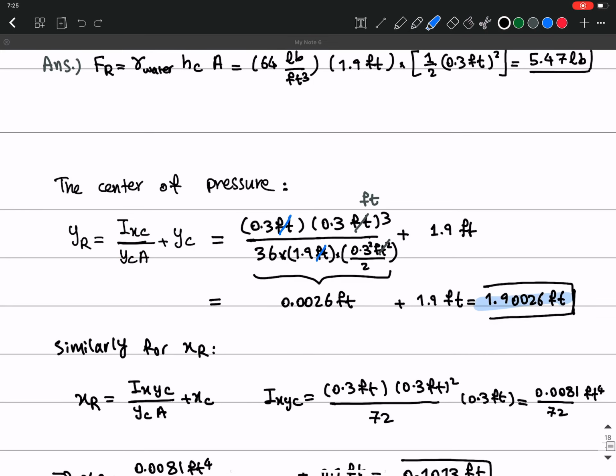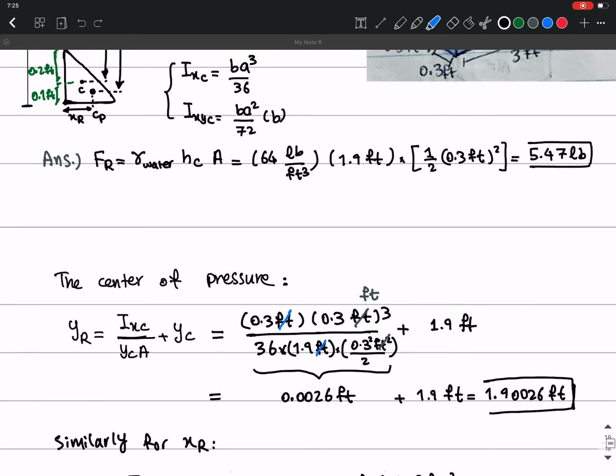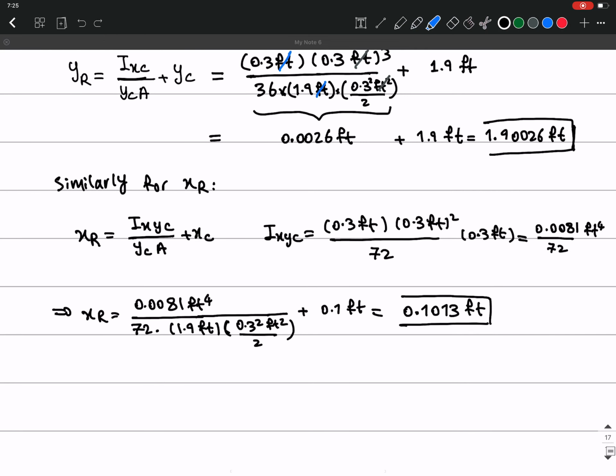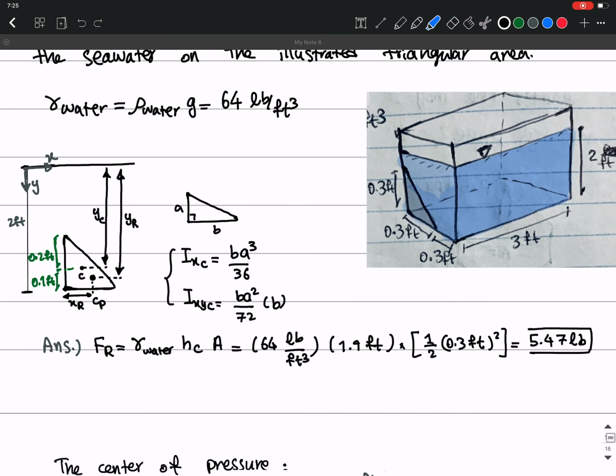So YR we calculated, and for XR, because this is a triangle, it's not going to be 0, so it's going to be IXYC over YC A plus XC, and these are given in the problem. So we simply plug those numbers in, and we are going to get the location of the resultant force as well.